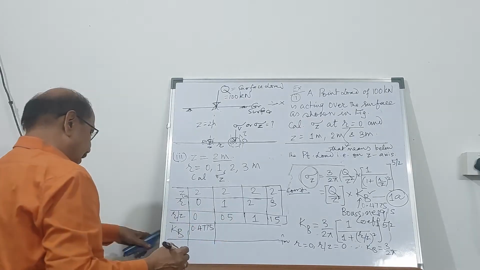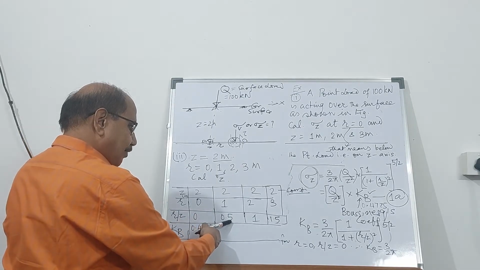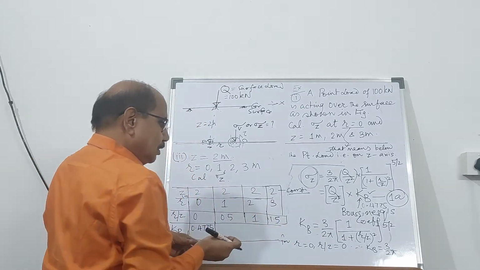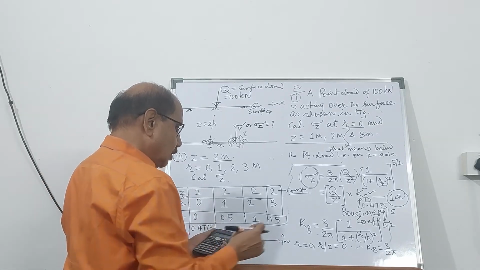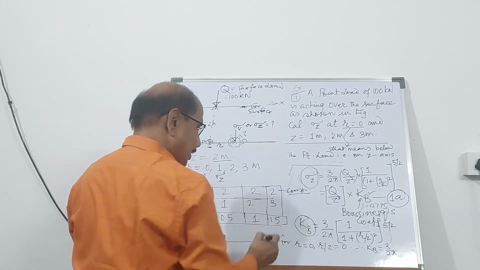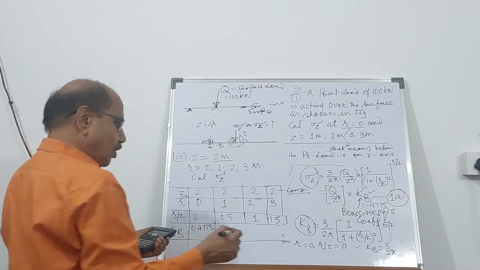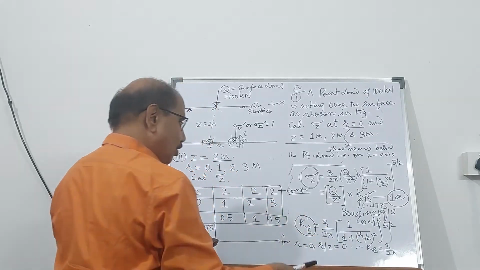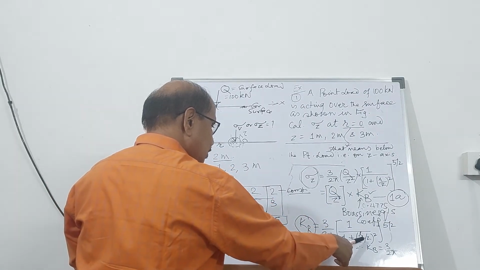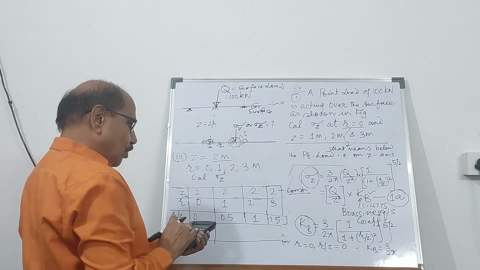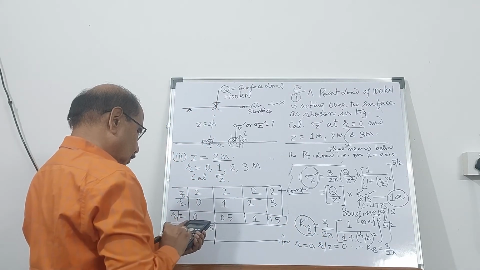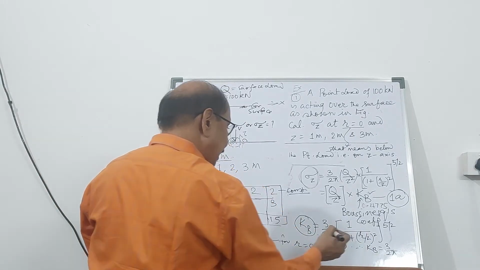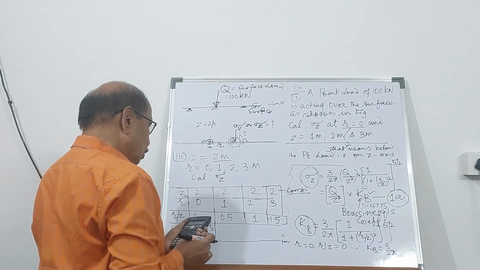Now for r by z equal to 0.5, find out the value of Kb. So Kb for r by z equal to 0.5: this becomes 0.5 whole square, that is 0.25. This becomes 1.25. So 1 divided by 1.25, isn't it? 1.25 equal to 0.8.